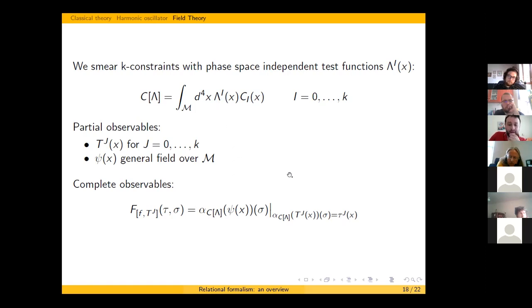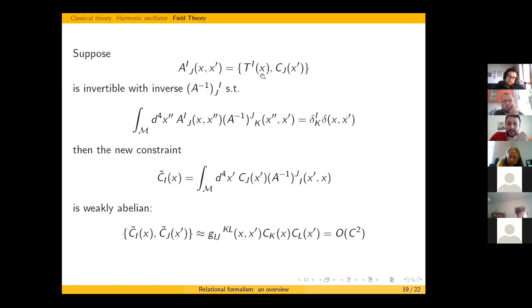So suppose that the first term in the Poisson bracket involving this flow, which is this, is given by this K by K matrix. And suppose this is indeed the case, for example, in general relativity, so this is a good assumption, that this is invertible, namely that it satisfies this equation.